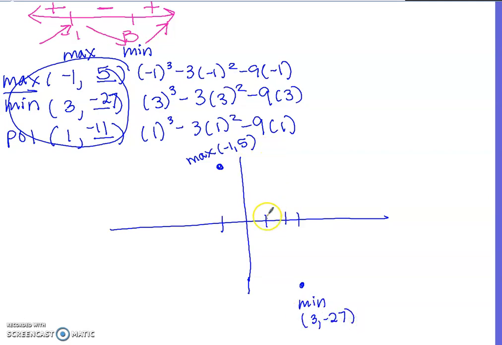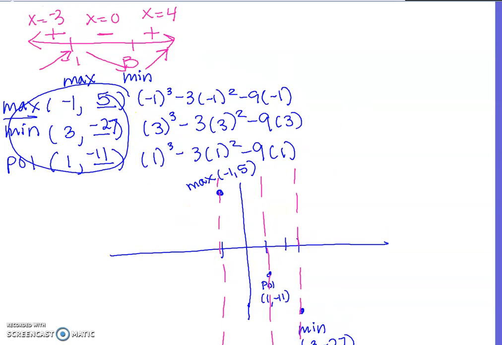And then at 1, negative 11, I have a POI. Okay, so we're labeling everything. I'm then going to put my dash lines in so I can look at over every interval, am I increasing or am I decreasing? And then what's my concavity look like?